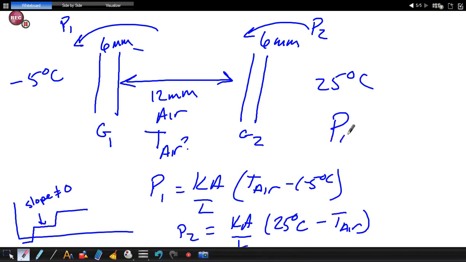For something like this, you can estimate in the middle of the air, it's going to be 25 minus 15, which is 10 degrees Celsius. The middle of the window is about 10 degrees Celsius. If you touch a window, it's cold because it's colder than the room you're in. It's colder than you are.